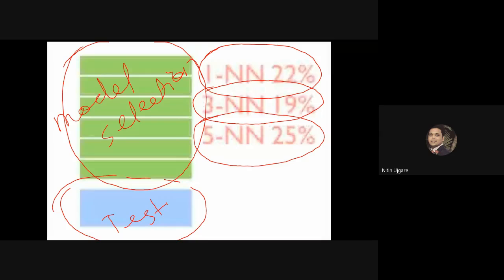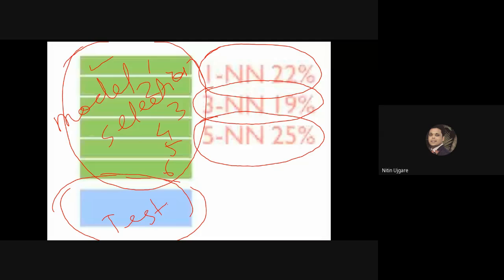When we select the model after following the entire process, we test that selected model on this unseen data. Now the data set selected for model selection, we split into 6 folds: 1, 2, 3, 4, 5 and 6.